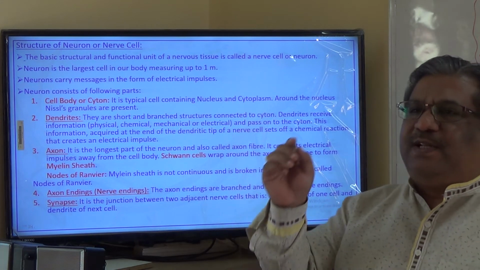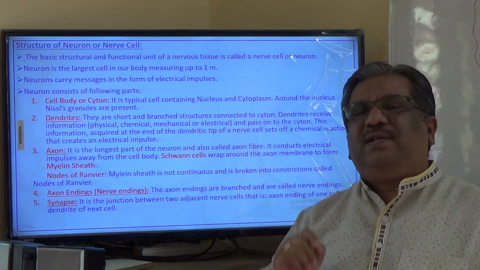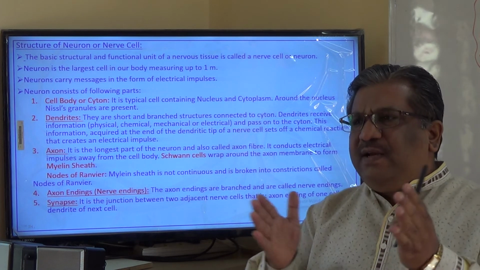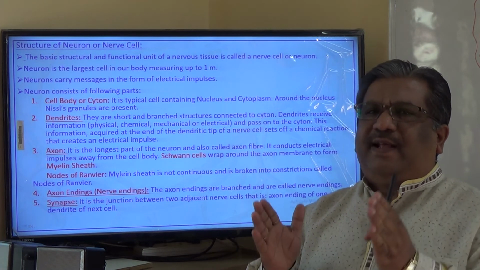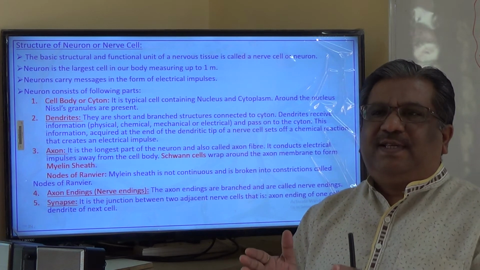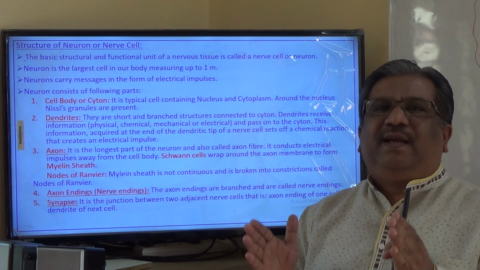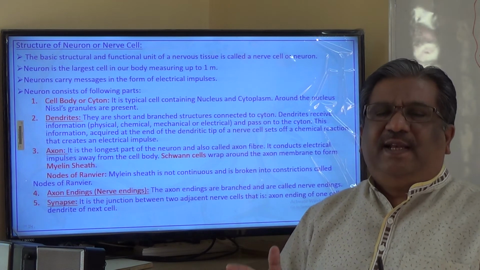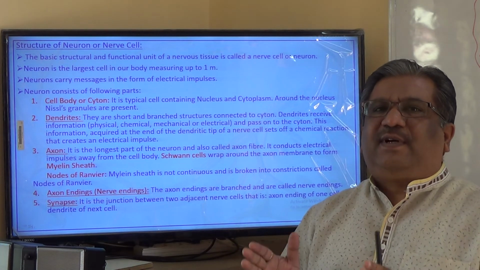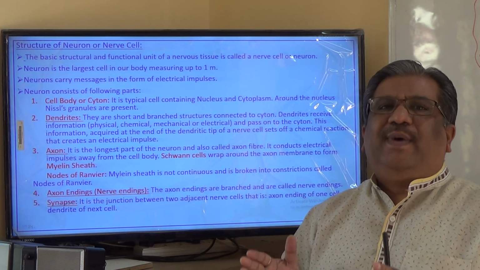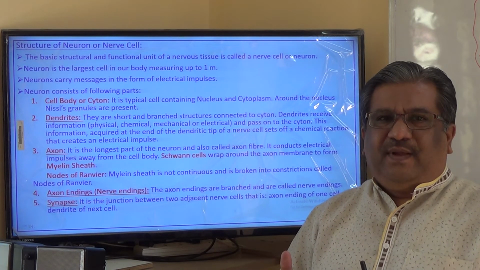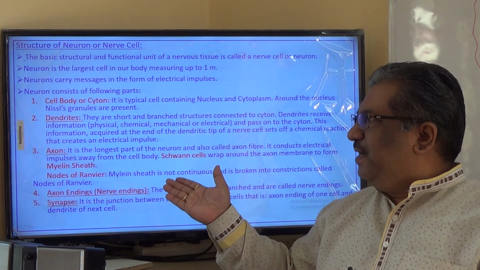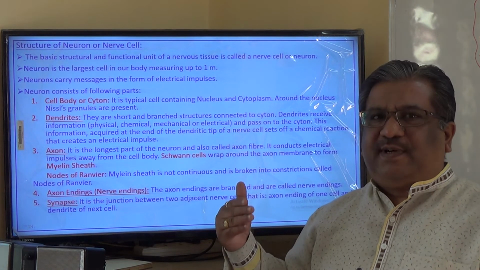See, synapse is a very small gap. Why is it required? It is required for transmission of signals by chemical means. Synapse is required for transmission of signals by chemical means. You got it? We'll study in the next slide how this transmission takes place.